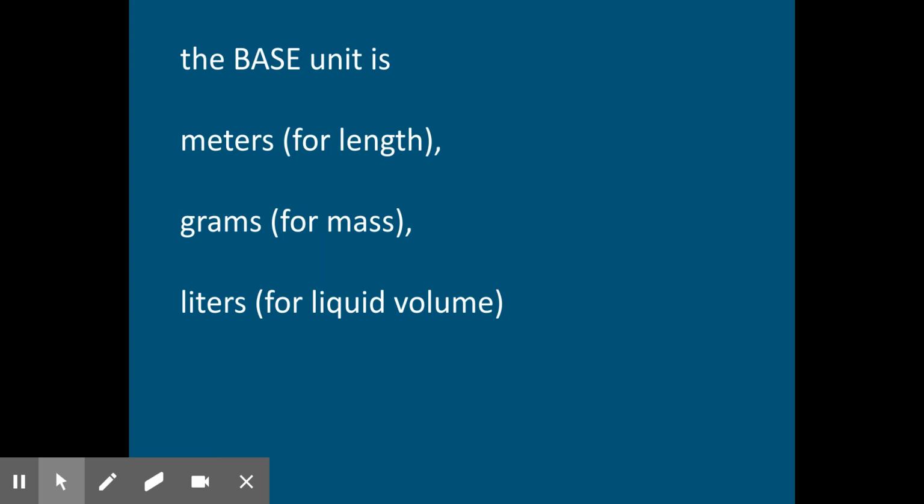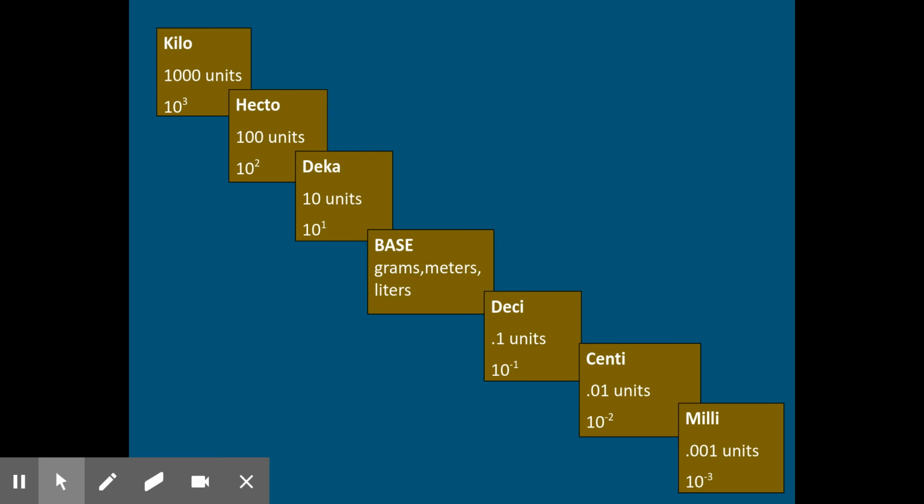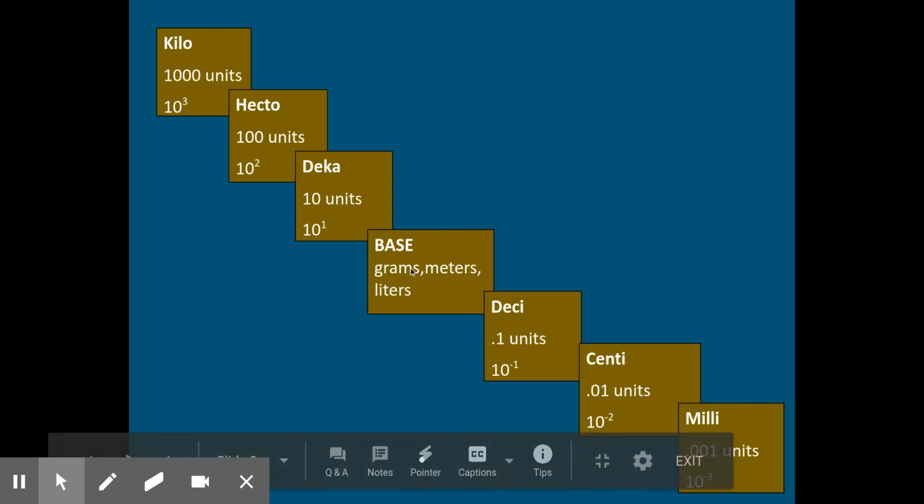And since those are my base units, we then use the metric stairway and come up with prefixes. And this is where we have kilo, hecta, deca, my base there, deci, centi, and milli. So you'll notice if I'm in grams, I can go kilograms, hectograms, decagrams, decigrams, centigrams, and then milligrams.